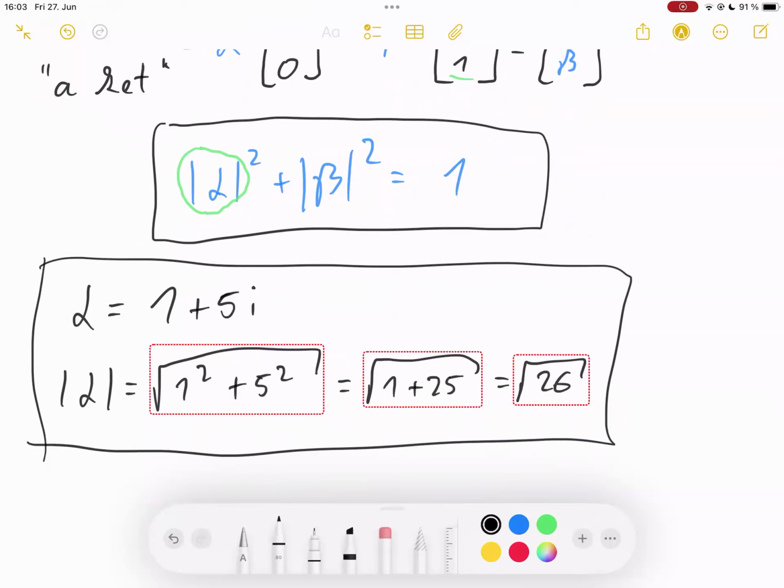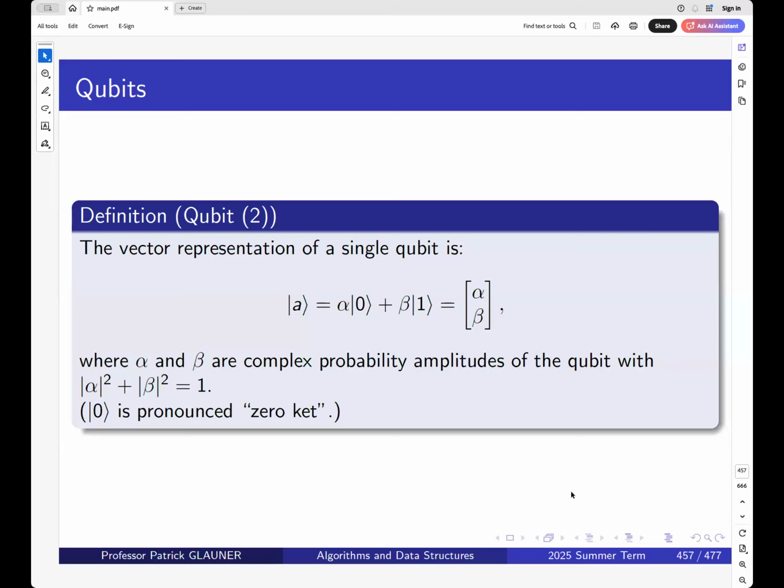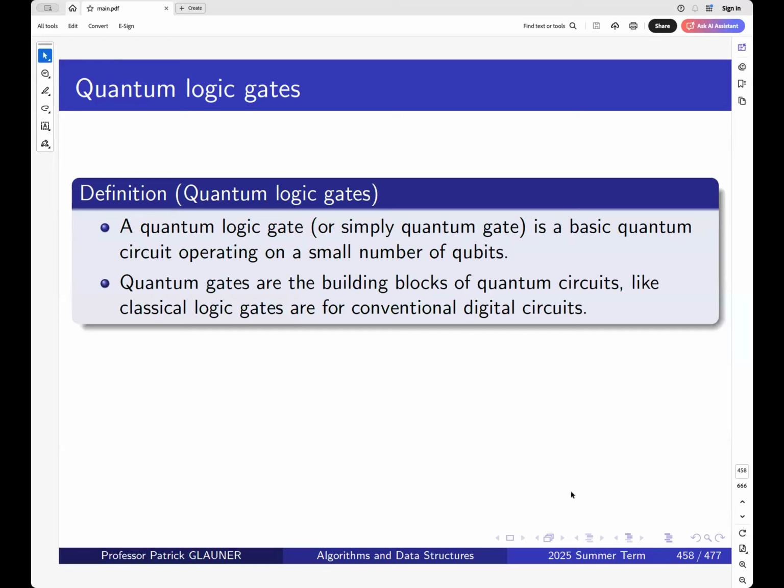I'll briefly switch back to my slides. All I have shown you is also available here. And now we have a single qubit, and a second qubit, and a third qubit, and we want to do operations on those qubits. For this, we need quantum logic gates.